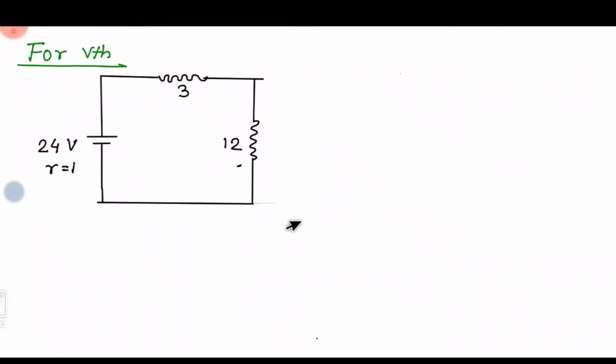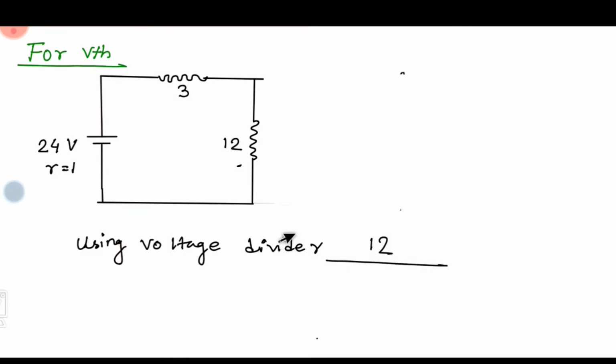Now we will apply the voltage divider rule. Using the voltage divider rule, we can say that the voltage across this 12 ohm resistance is, the resistance is 12, so it would be in the numerator, then the total resistance, that is 1 plus 3 plus 12, into the voltage source, that is 24.